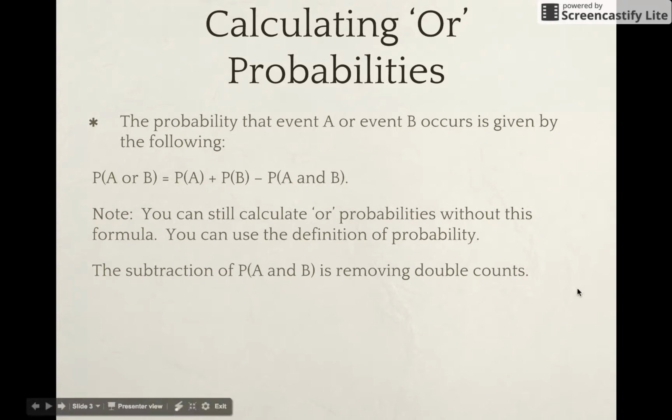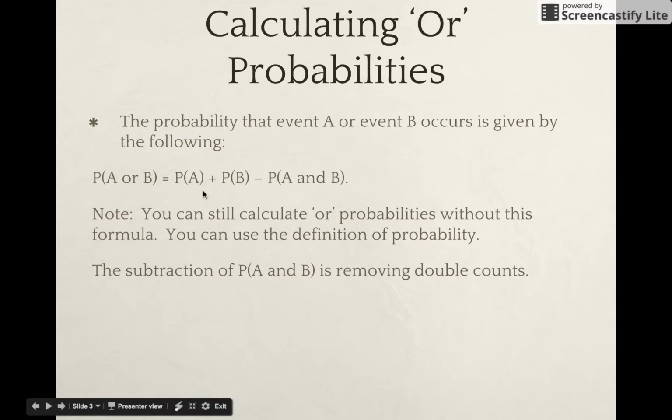If you think back to that definition of probability, when we calculate the probability of event A, we have to count how many times A could occur, and when we calculate the probability of event B, we have to say how many times event B could occur, and then this A and B. Well, we've already counted those, right?